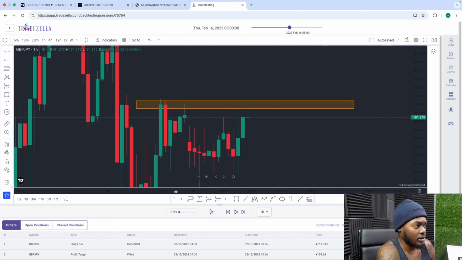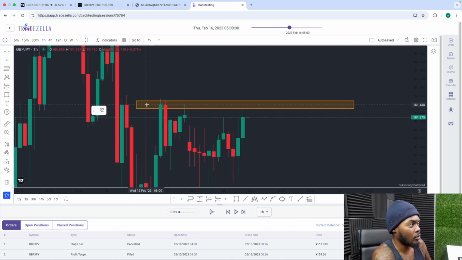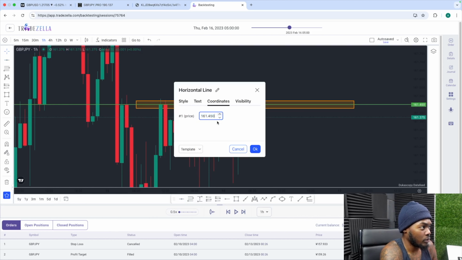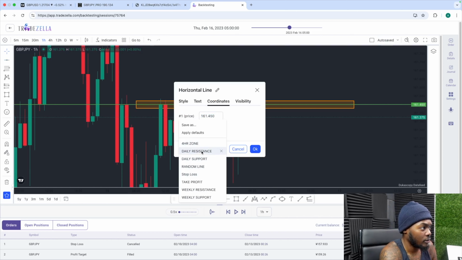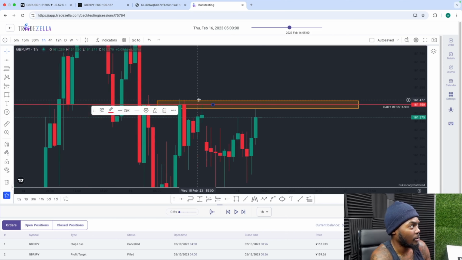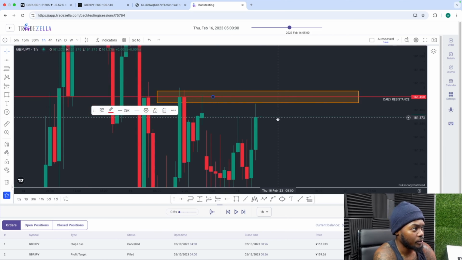And it is, let's just say, 4 o'clock in the morning. Price isn't quite there at this resistance level, which is our QP at 161.450. And let's just have this as a daily resistance. Let's just hypothetically make this a resistance level. So 4 in the morning, price isn't currently at my daily resistance level.